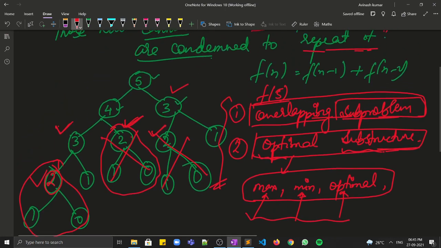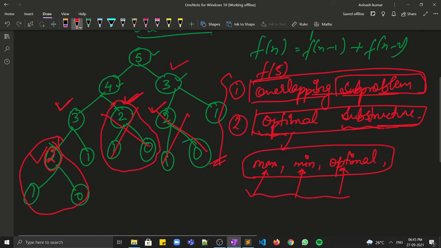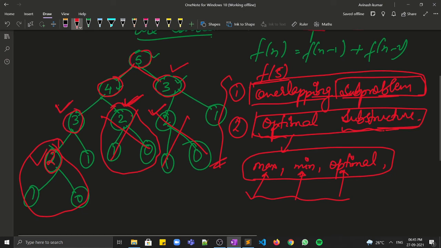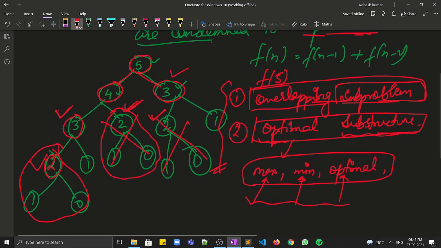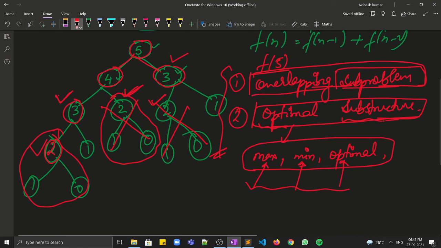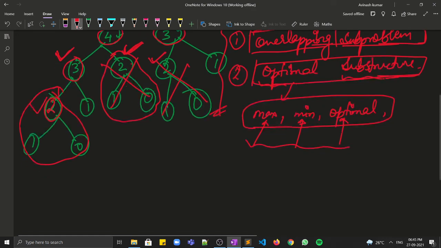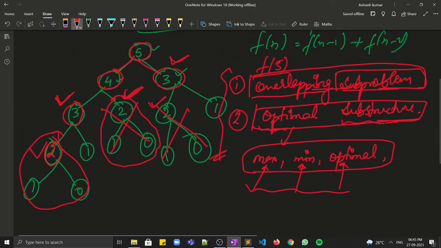Here we had at least two recursion calls for a value 5. So these problems may have overlapping subproblems. Dynamic programming is applied in only those problems where we have at least two branches, right?